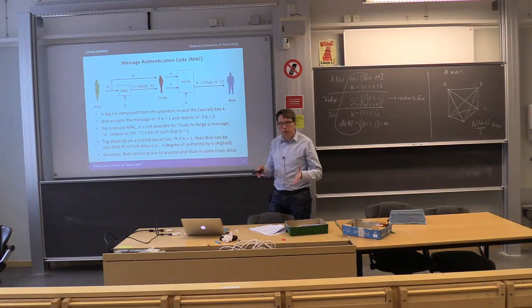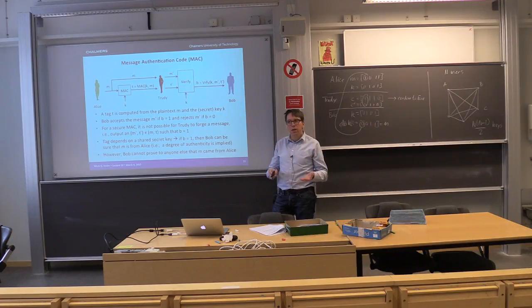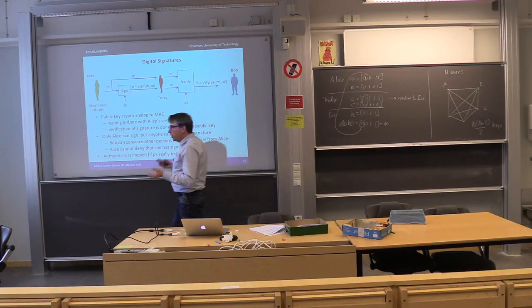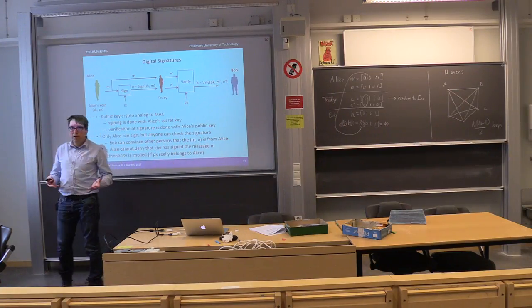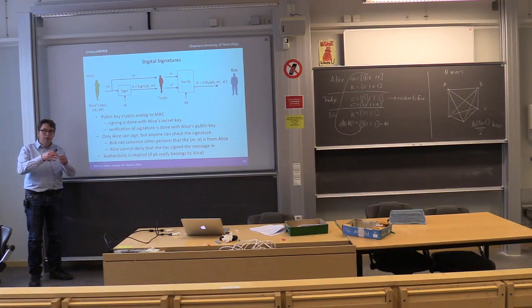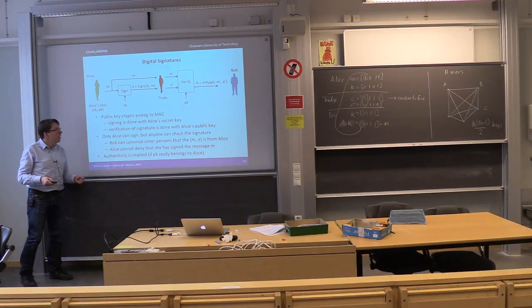To have greater control of authenticity and also to avoid the problem of key distribution, we can use a public key mechanism. The only difference is that these are now called signatures rather than message authentication codes. Of course, the technology behind it is completely different, but the use of it is the same.